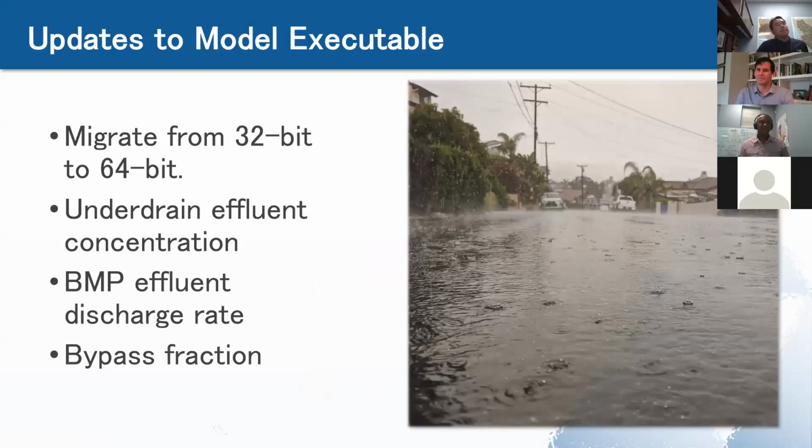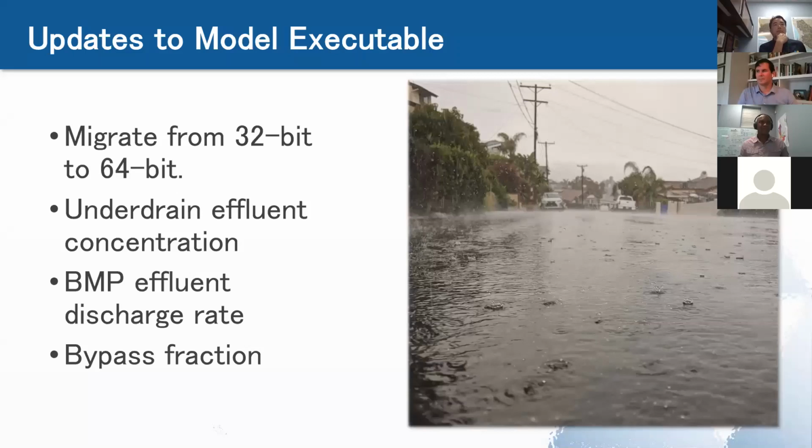The other three listed here have to do with BMP representation. One of those improvements was under drain effluent concentration. There are several options for modeling water quality improvement in the BMPs in SUSTAIN. Now we've added an additional option to simulate a maximum reducible effluent concentration.